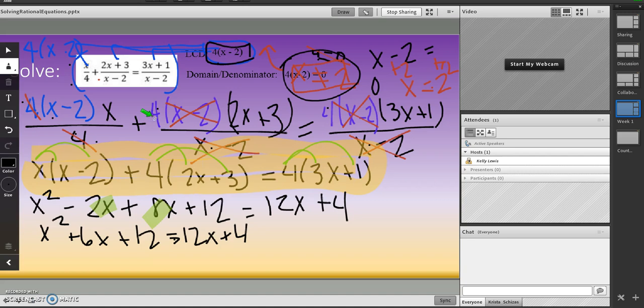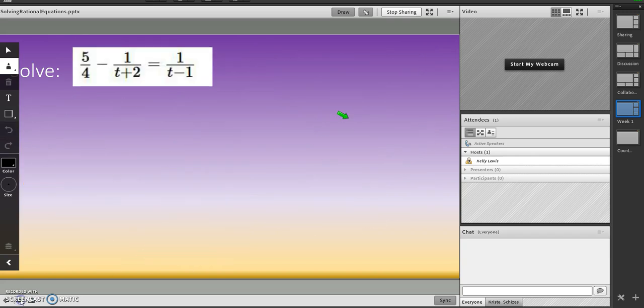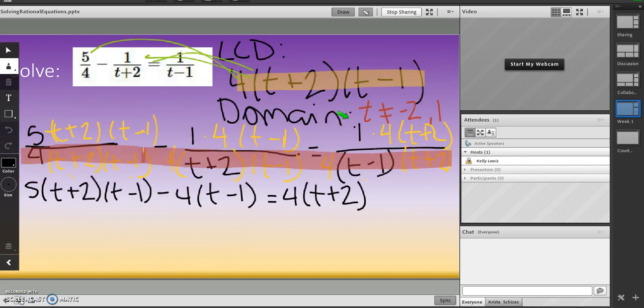Over here we were missing a 4, and over here we were missing a 4. And so you can either multiply everything by the denominator, top and bottom, and then stuff cancels. Or you can figure out what's missing in the denominator. Don't cancel it, because when you cancel it, you're going to end up exactly back right here. You're going to cancel the denominator since everything is the exact same and they're on a level playing field.